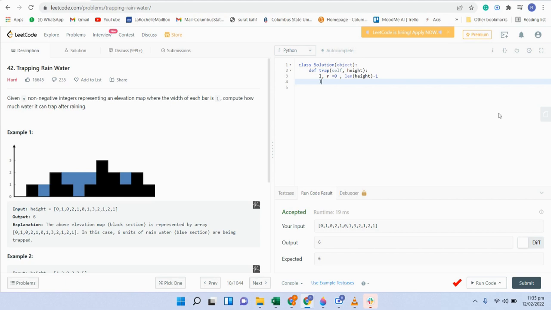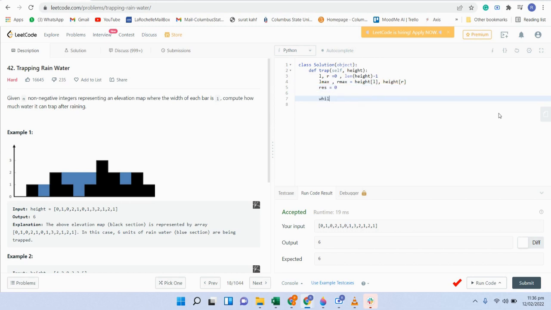Then left max, right max: the left max should be the value at the starting position on the left side, and the right max whatever the value is on the right side. And there will be a variable result, which is equal to 0.